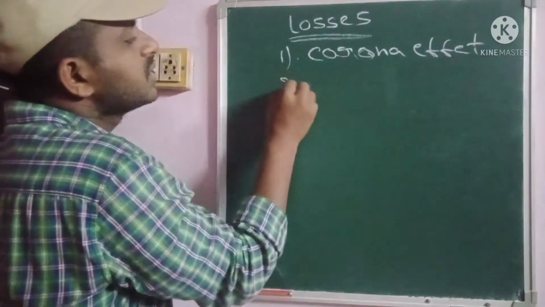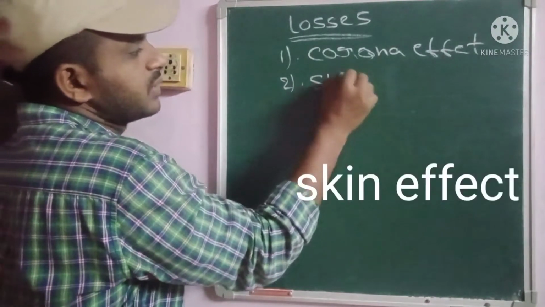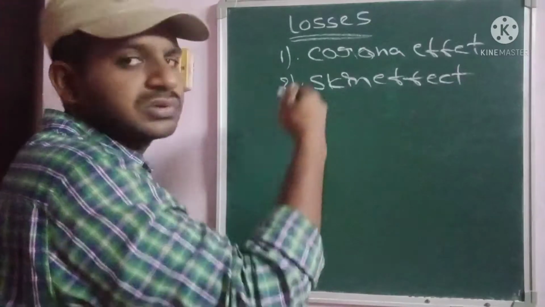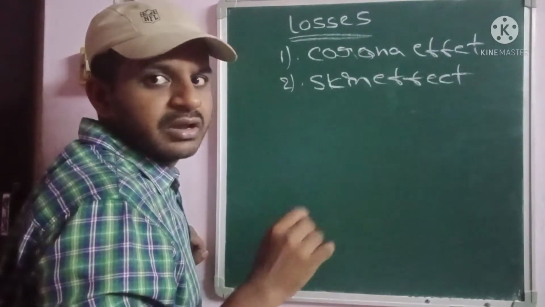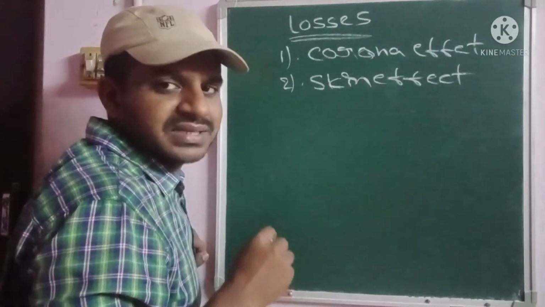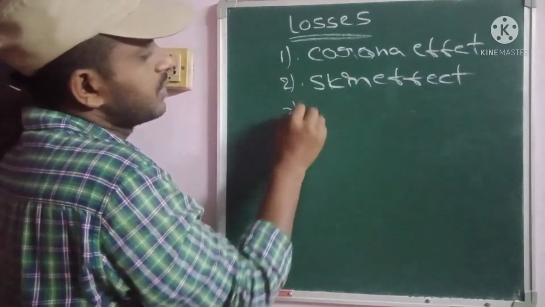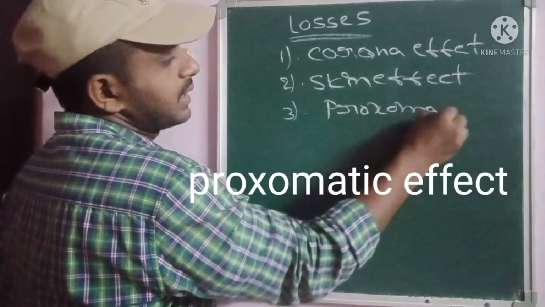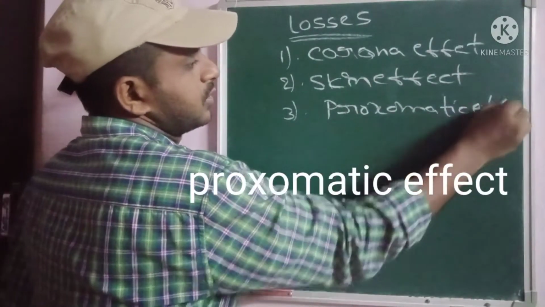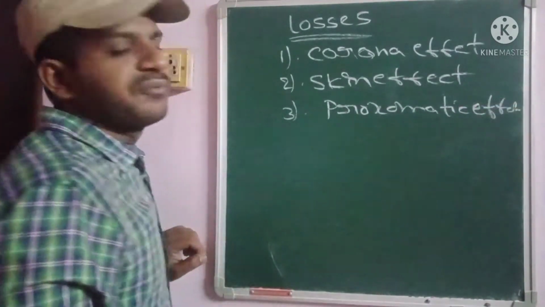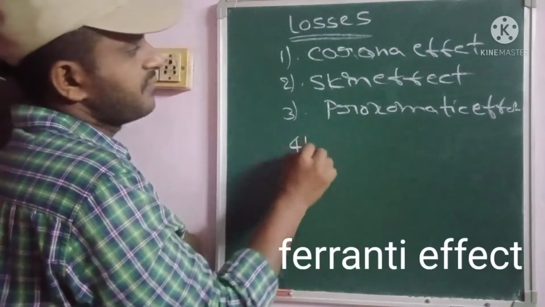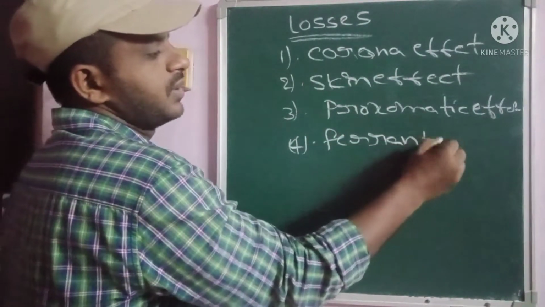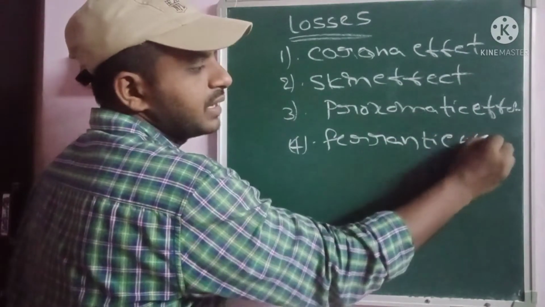The second one is the skin effect, which is also a very dangerous effect on the transmission line system. The third one is the proximity effect, and the fourth one is the Faraday effect.